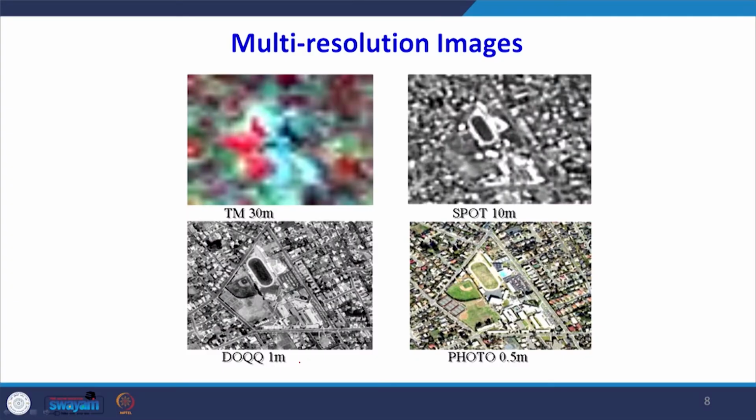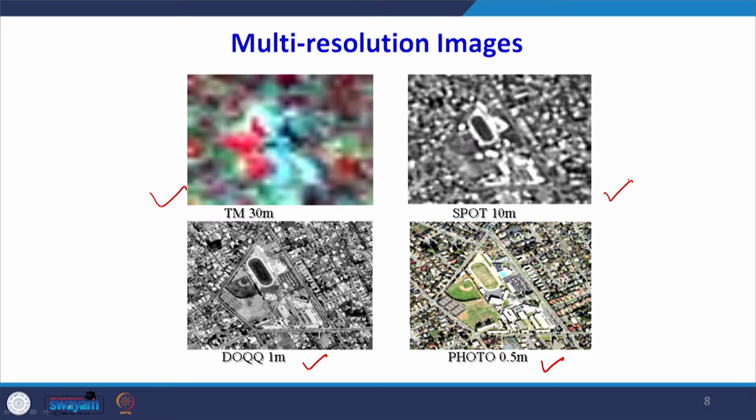So, as an example, I am showing you multi-resolution images, which is 1 meter resolution image to 0.5 meter resolution image in color, and the thematic mapper in 30 meter, and SPOT data at 10 meter resolution image.